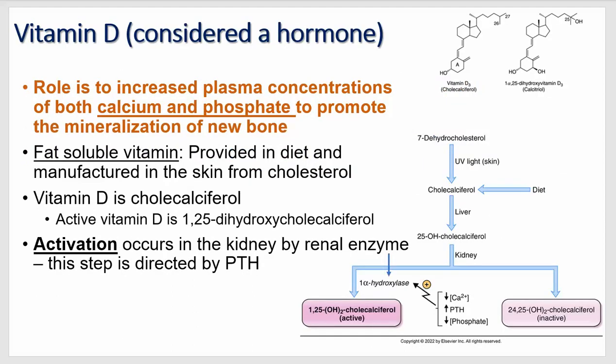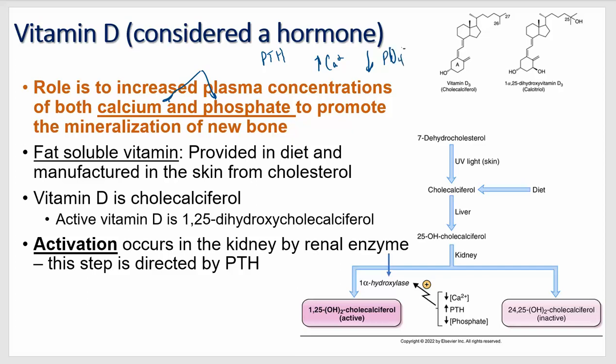Okay. So vitamin D is a vitamin that's actually considered a hormone because it moves through the blood and it has its effect at a distant place. So the role is to increase plasma concentration of both calcium and phosphate. Remember, this is important and easy to get lost with, but PTH, parathyroid hormone, increased calcium but decreased phosphate, PO4.